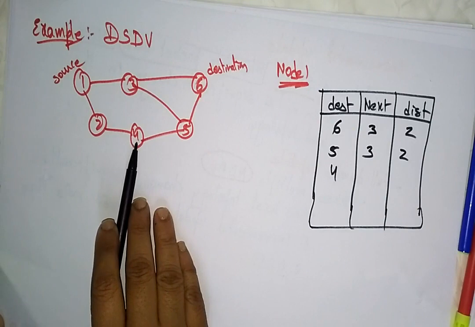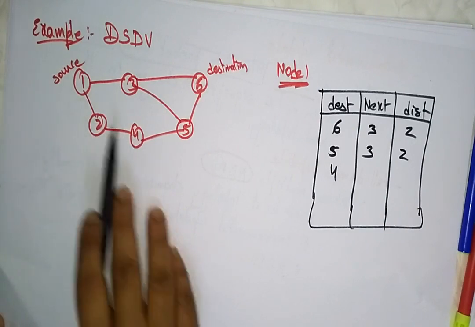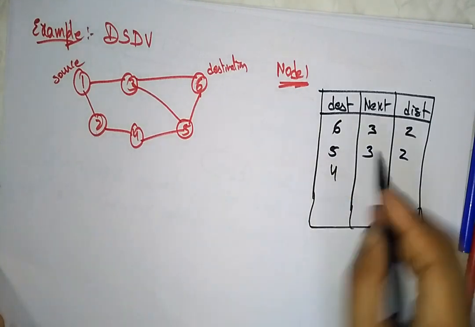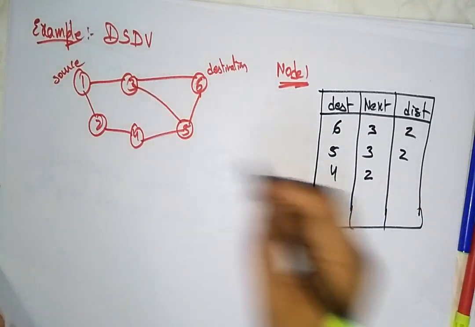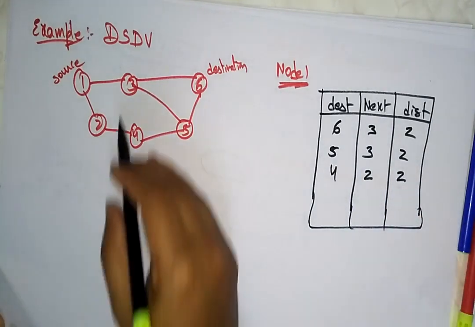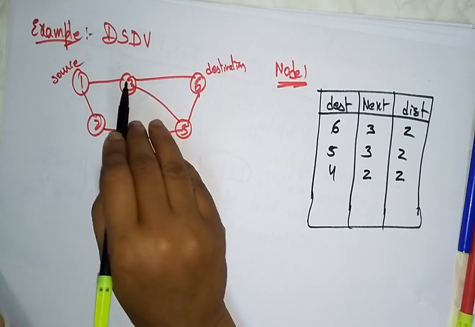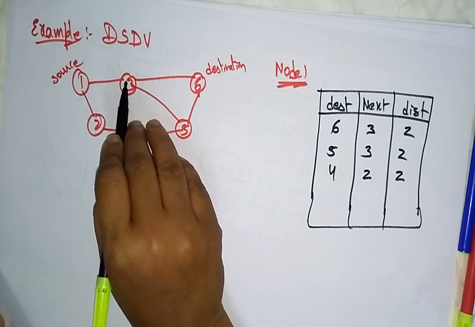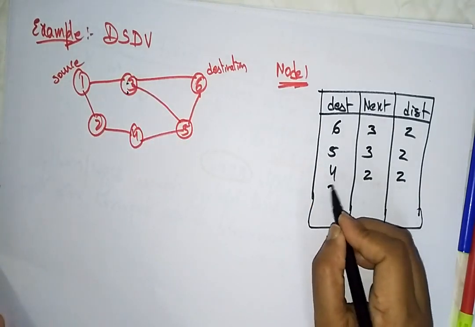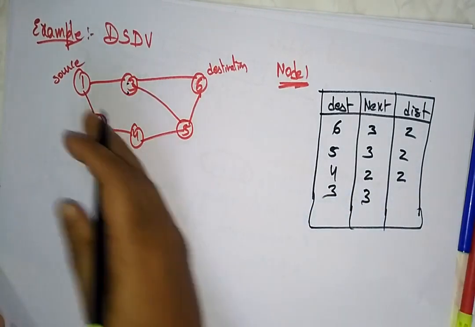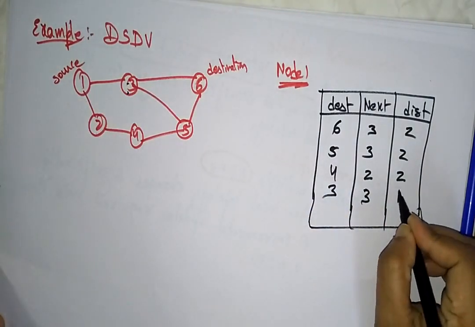Suppose 4 is the destination from the source. Which path will be selected? The next node here is 2 only, and the distance is 2. Suppose 3 is the destination. The packet wants to travel, and the next is 3 itself, because 1 is the source and the distance is 1.